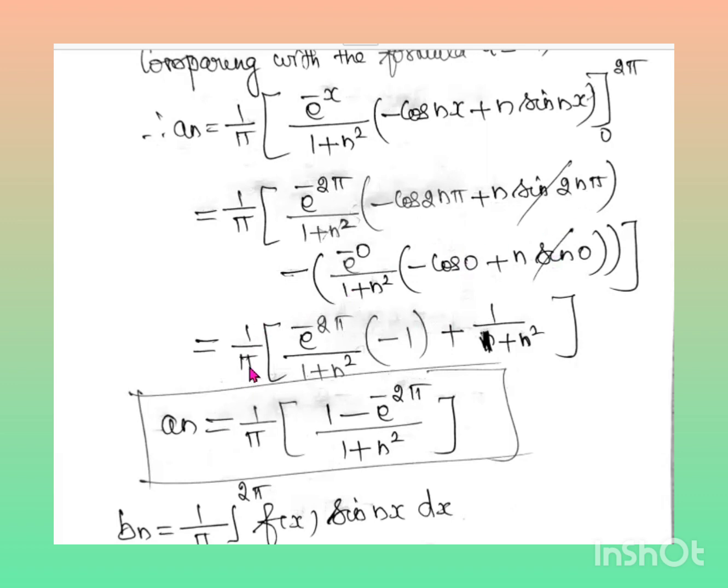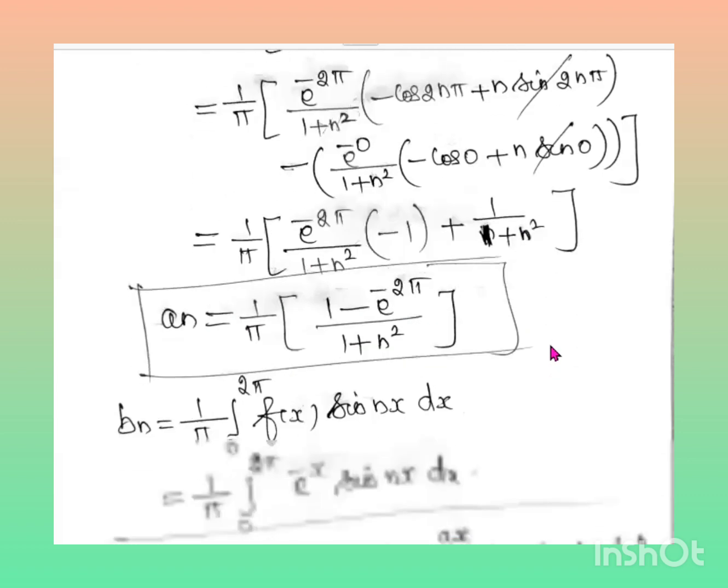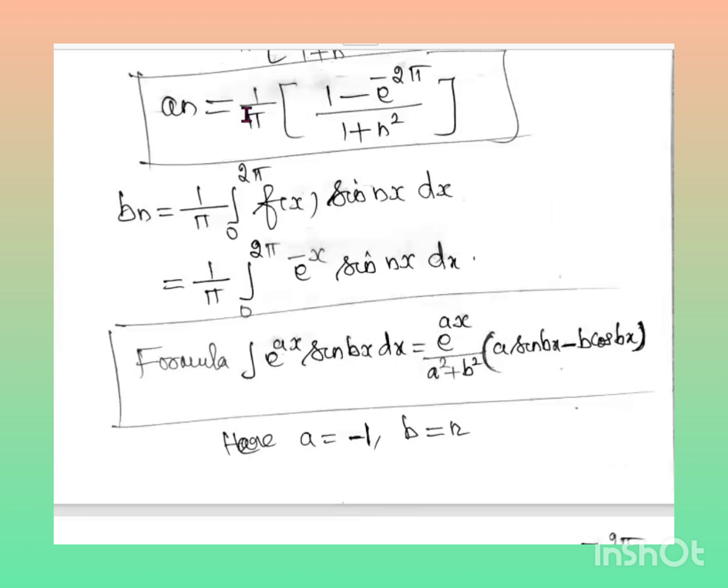So an = (1/π)(1 − e^(-2π)) divided by (1 + n²). So we cannot use Bernoulli's formula here. That's why I solved this problem this way.